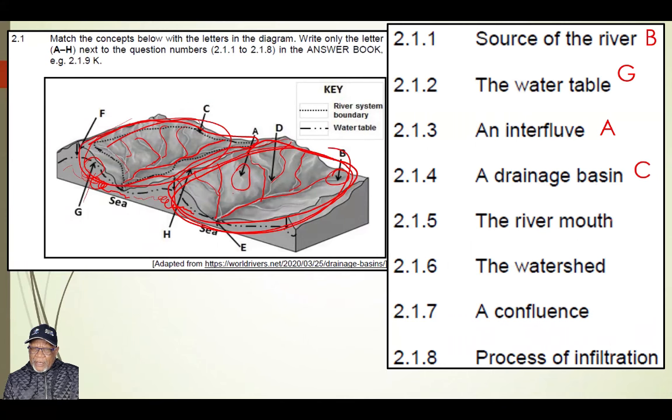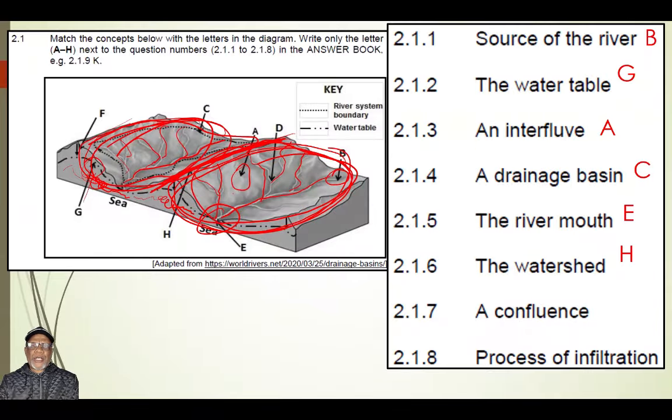Then the river mouth. Where is the river mouth? The river mouth is at E, where the river flows into the sea. Where the river flows into the sea, we call that point a river mouth. Then we have a watershed. There is your watershed. We have a drainage basin this side, another drainage basin this side. They are separated by a watershed.